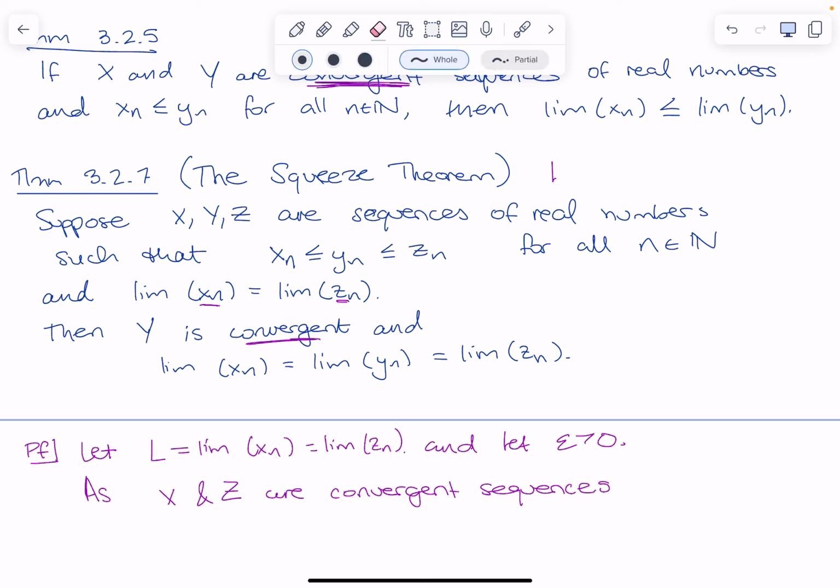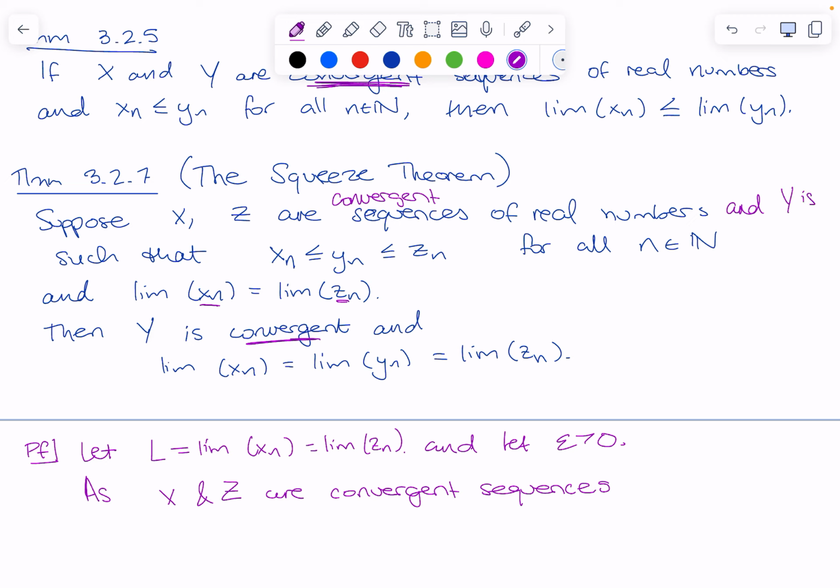And so our convergent sequences of real numbers x, z and y. Oh yeah, we definitely should put that in there.